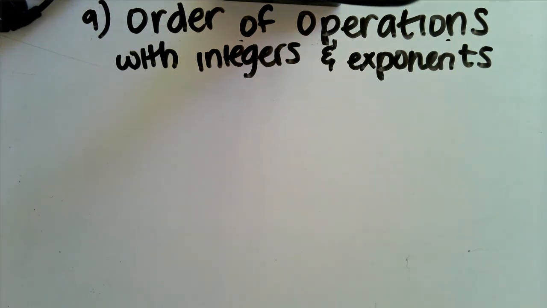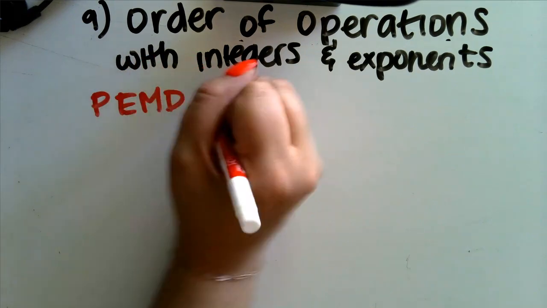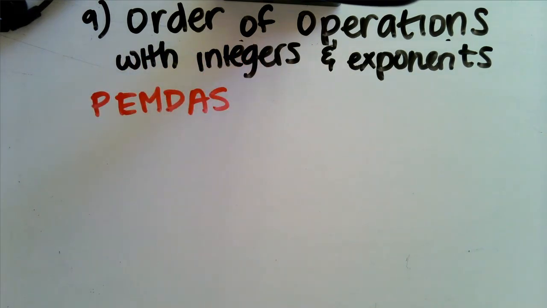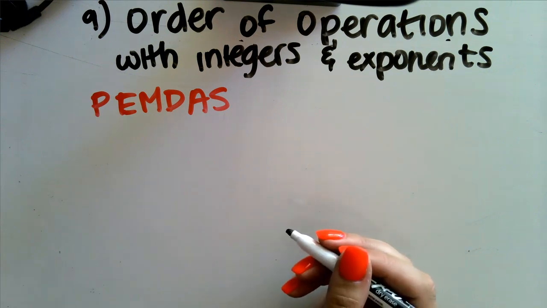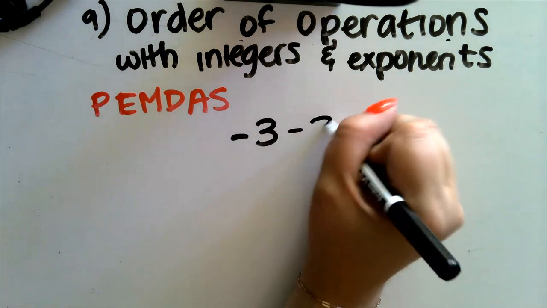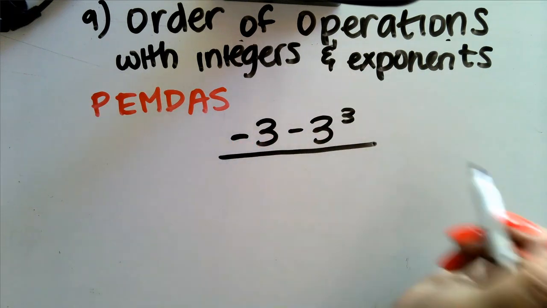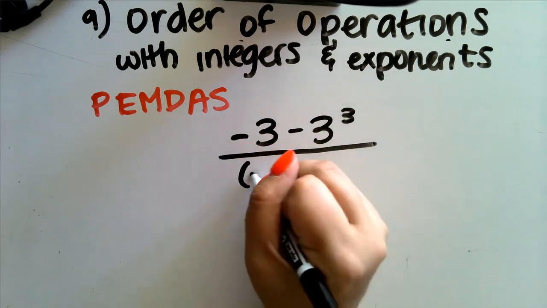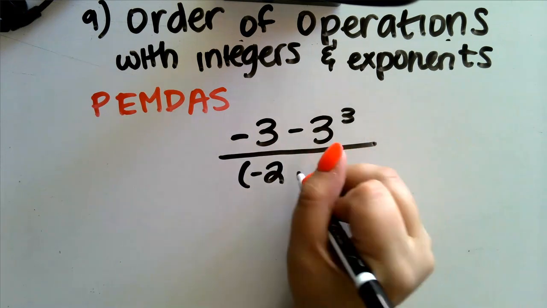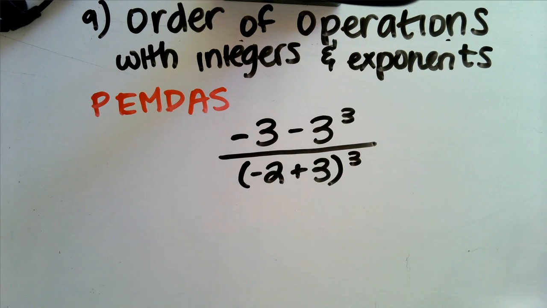I'm going to rewrite my PEMDAS up here in another color so it's very easy to see. And I'm going to write out our problem. Negative 3 minus 3 to the third, all over negative 2 plus 3 inside parentheses to the third power.